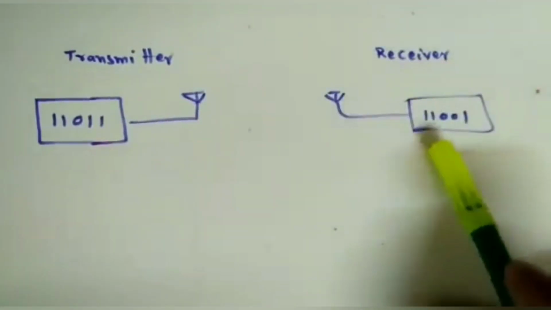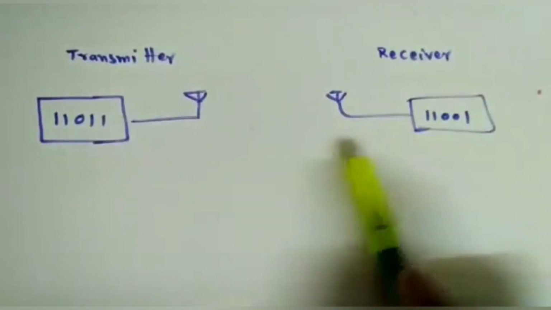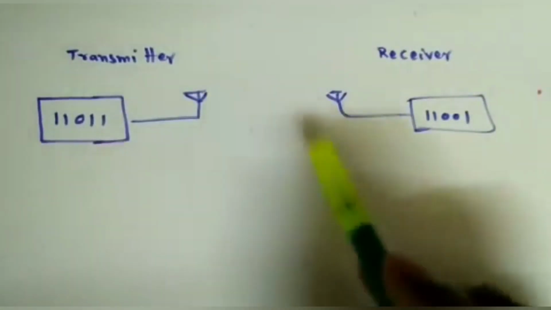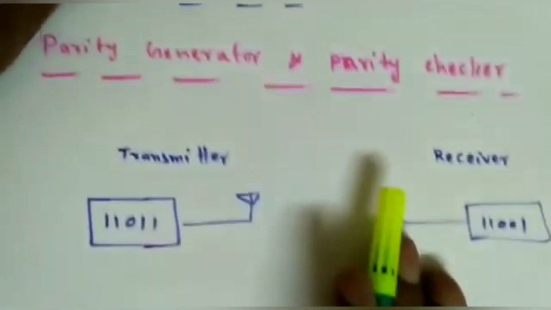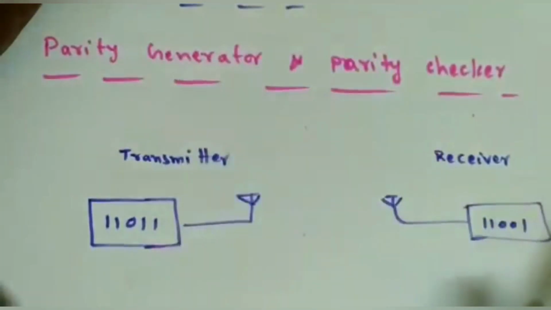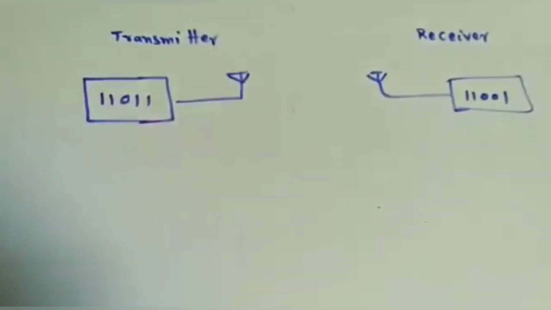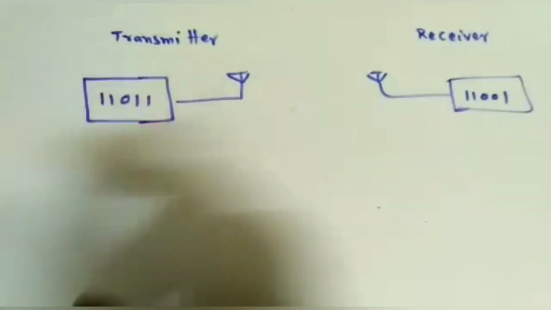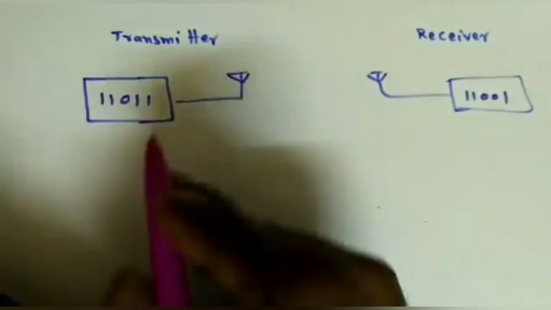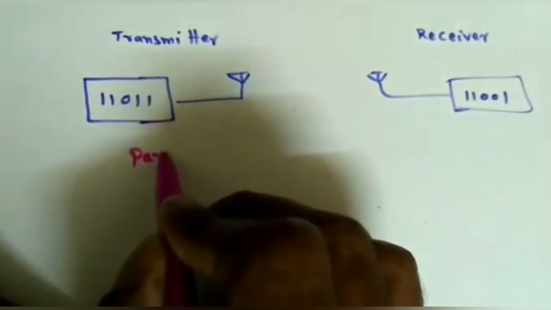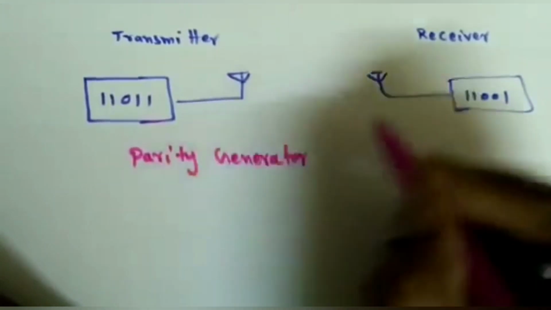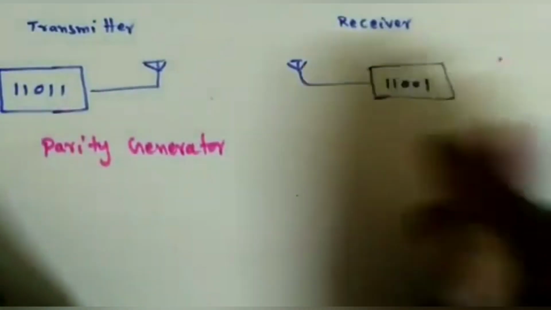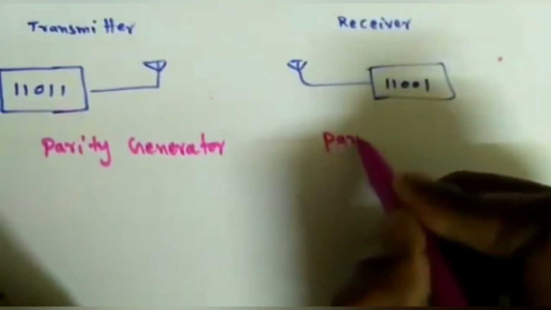So in this scenario we need an error detection as well as a correction circuit. For that reason we will use the parity generator and parity checker. The parity generator is used on the transmitting side, and on the receiving side the first block will be the parity checker.